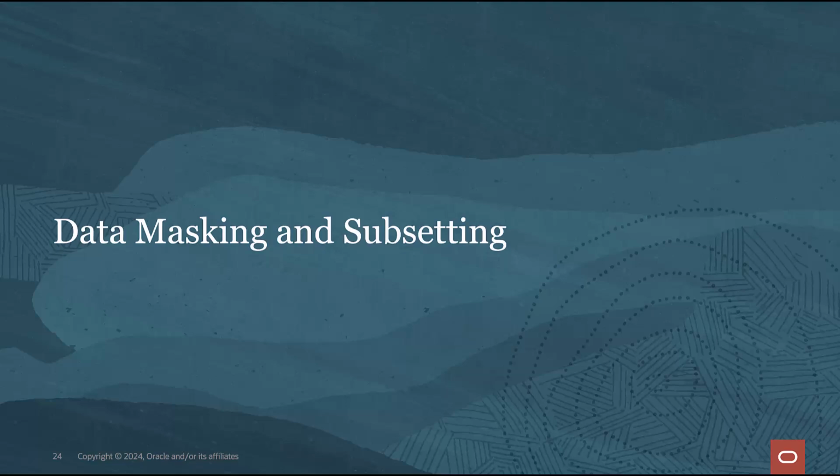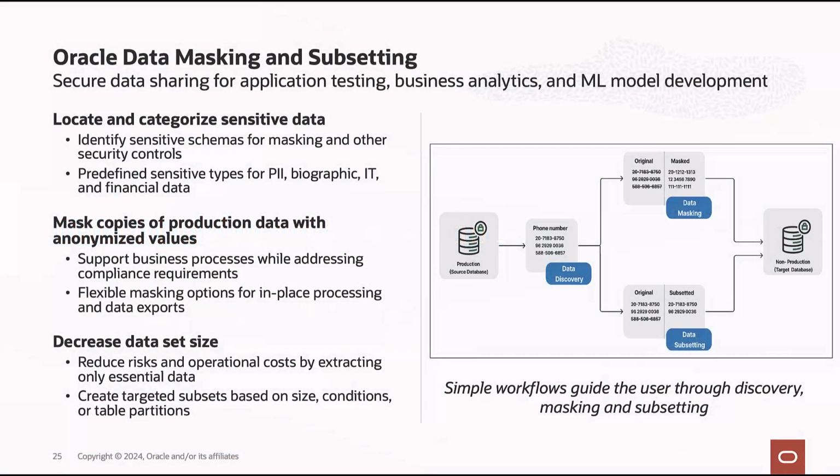Now, let's talk about data masking and subsetting. We know how to secure data within the database, but sometimes there is a need to share data with other teams or other systems for application testing, business analytics, report generation, or even ML model development.